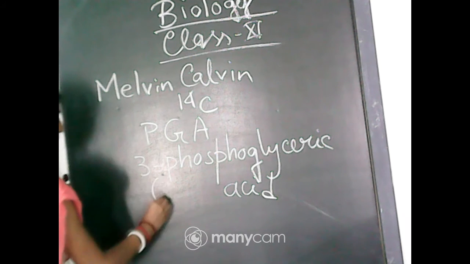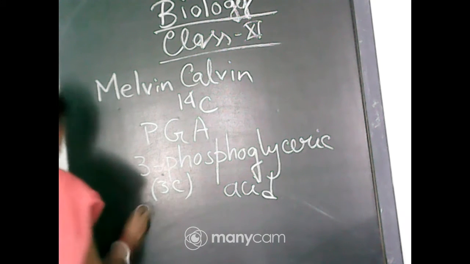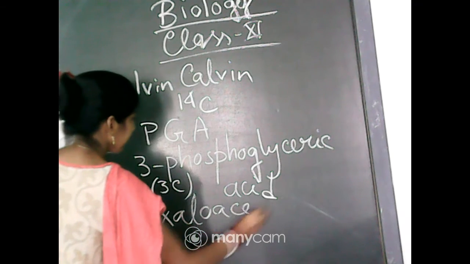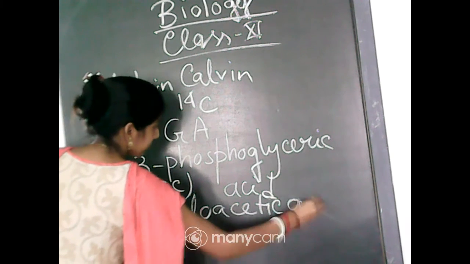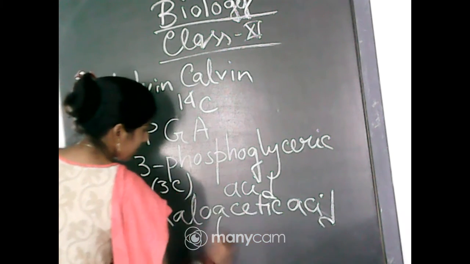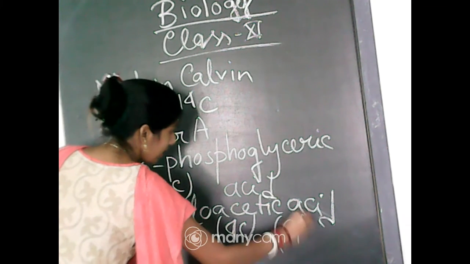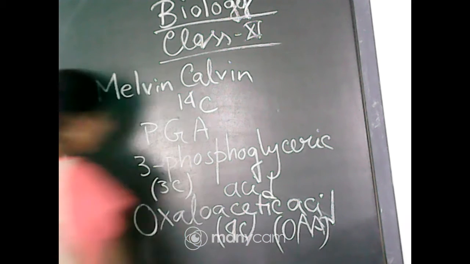So that one was the 3-carbon, and this is a 4-carbon compound. In short, we can write OAA.